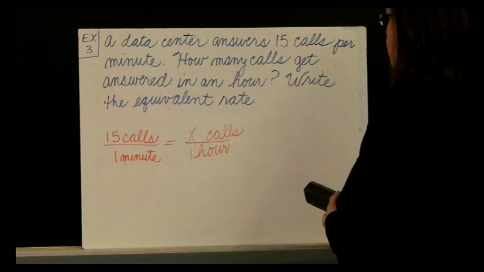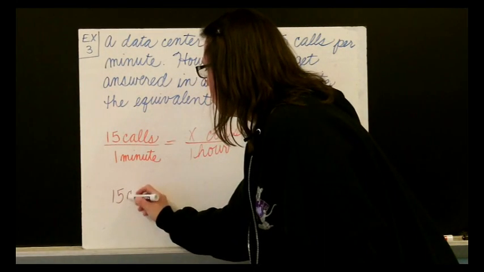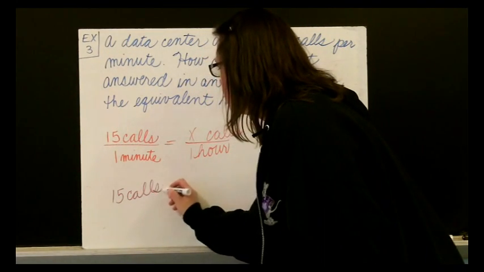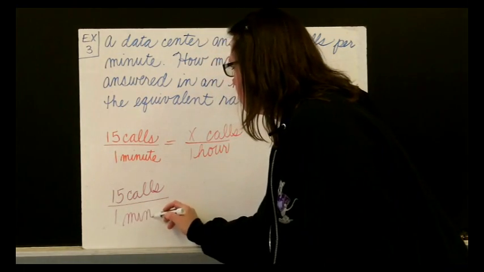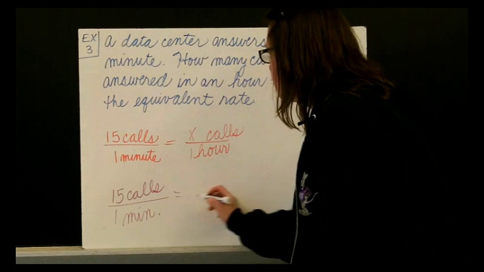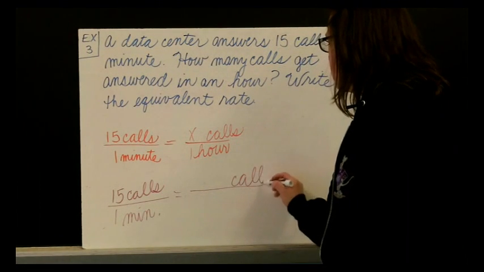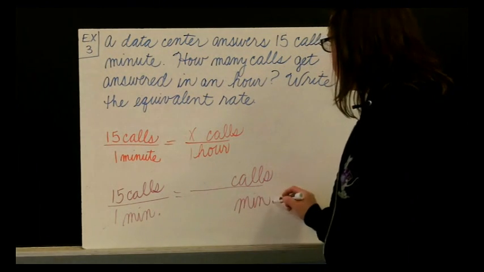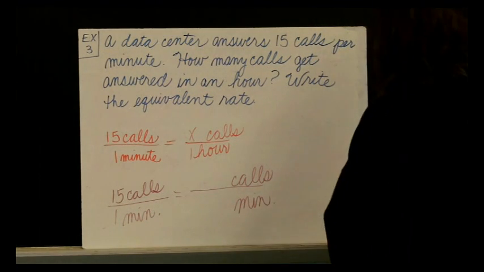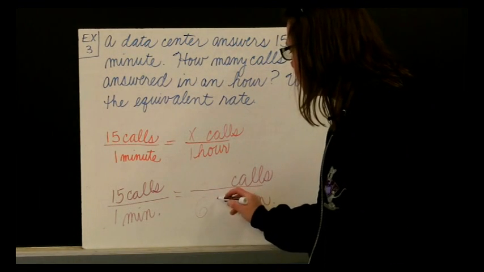So when it says write an equivalent rate, here we're going to write 15 calls in 1 minute, which is our original. We need to have minute be our unit in the denominator. Well, 1 hour has 60 minutes in it.